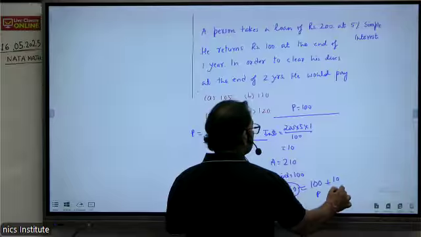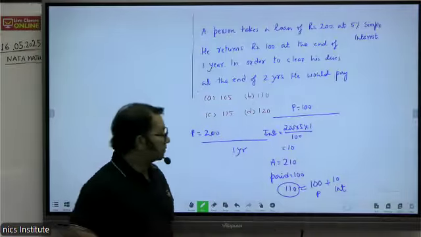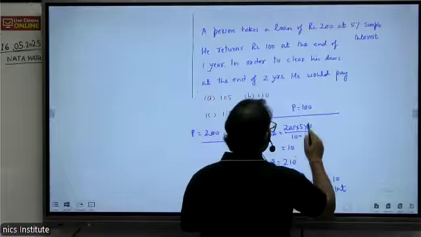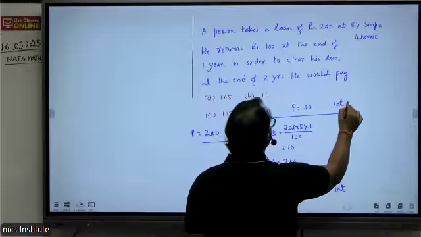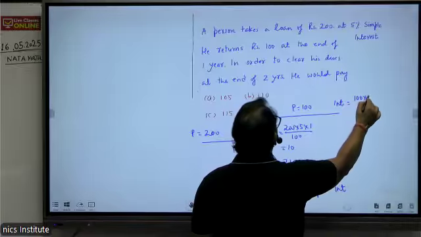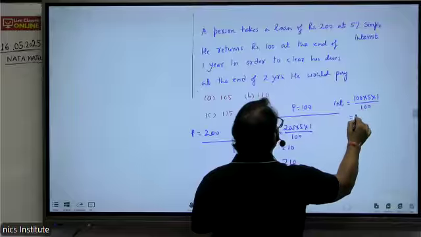In simple interest, you don't calculate interest on the interest. So after 1 year, principal is 100. So now what will be the interest? Simple interest would be PRT by 100. So 5 rupees interest.